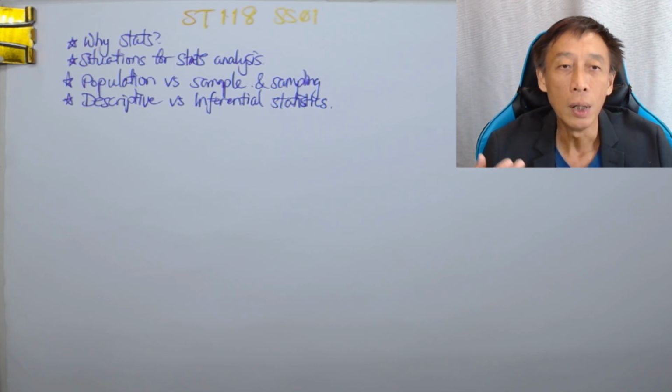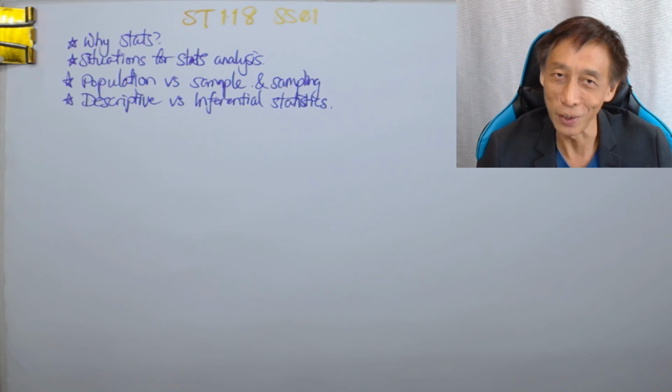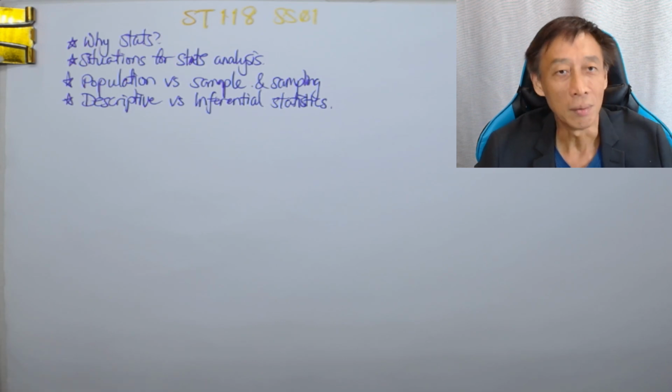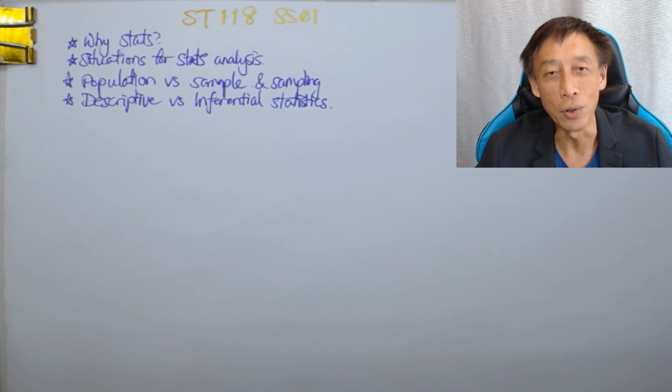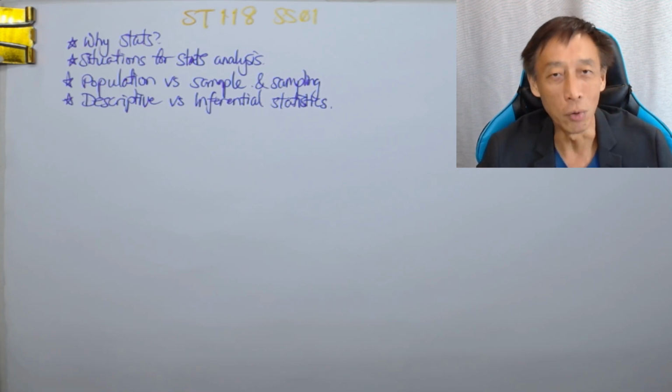So if you make a proposal, boss, I need to have a raise because I think I've been working very hard. Now that's not very convincing, and so bye bye, right? But if you can come up with data, results, performance analysis, right, and gathering the data and show that, hey, you have accomplished 12 projects within a month, when as a matter of fact, most other colleagues accomplish only 4 or 5.